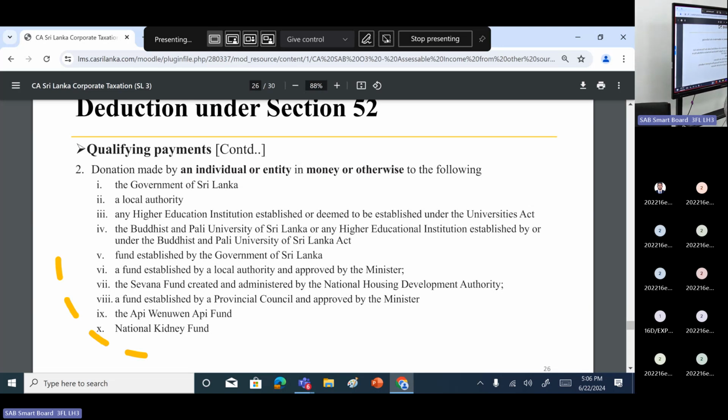Somebody is giving an ambulance. Whether it is deductible, whether that particular company can deduct that as an expenditure or not, is there any chance to deduct that?